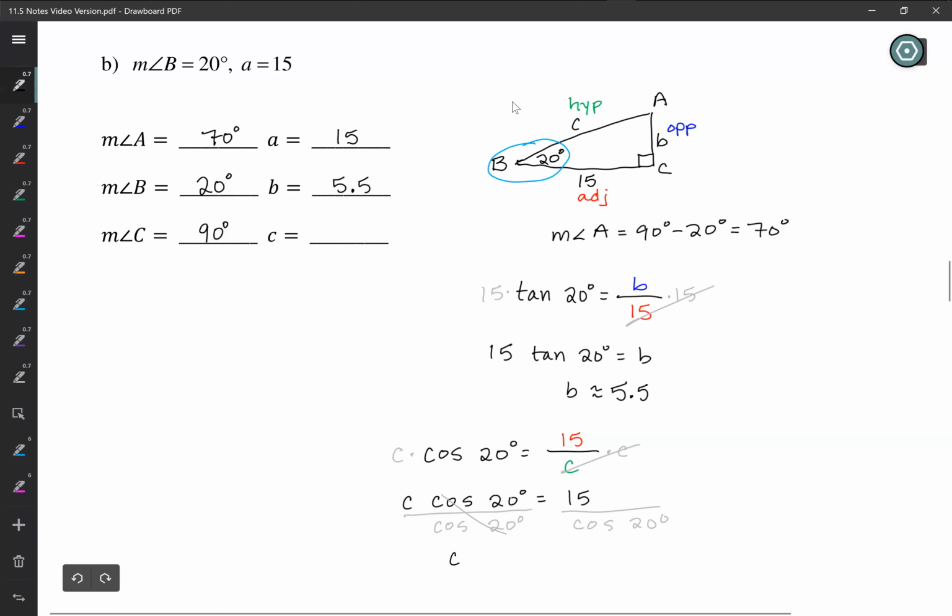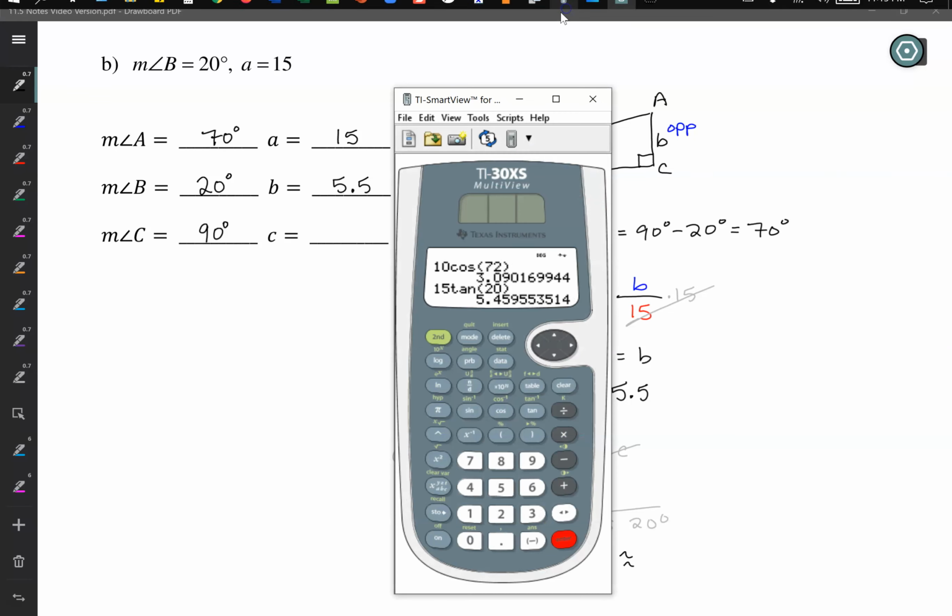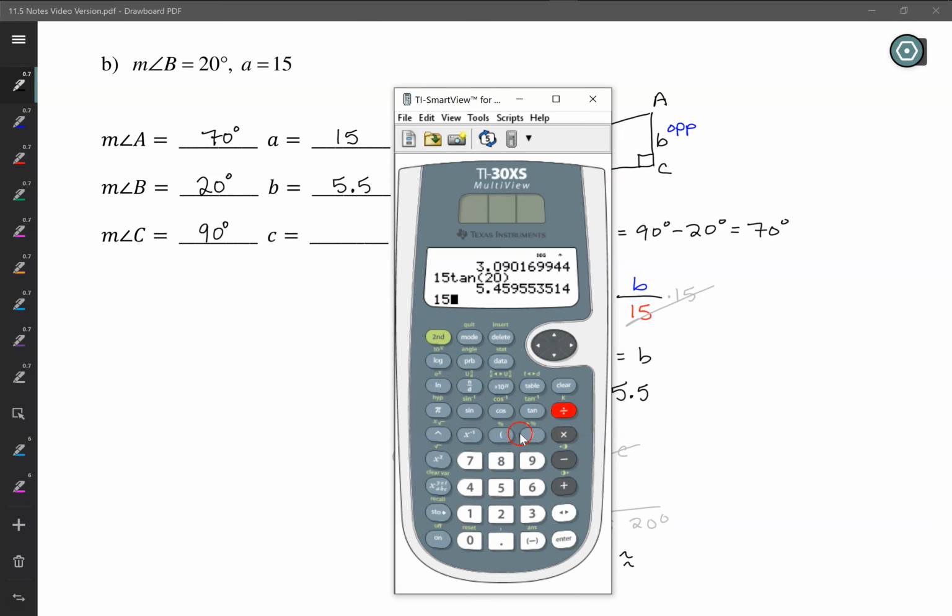So you get that C is 15 divided by cosine of 20 degrees, which is about 16.0.